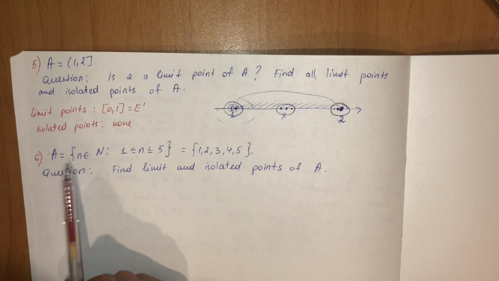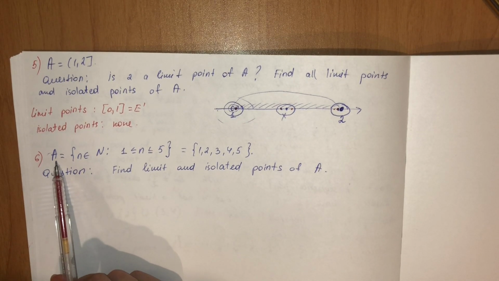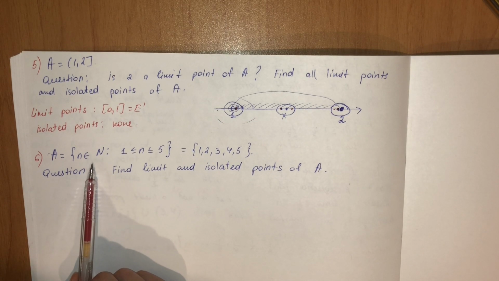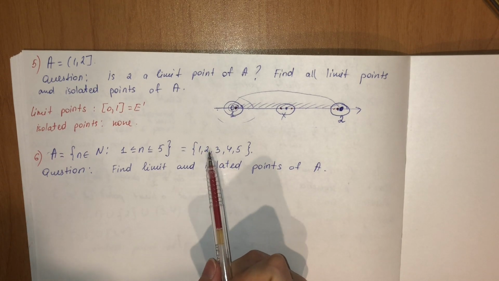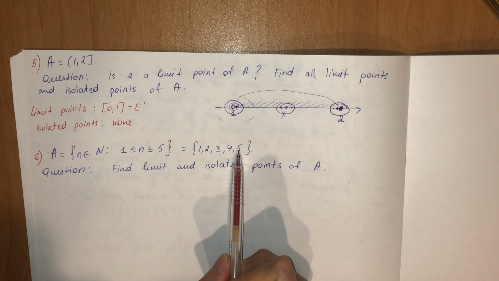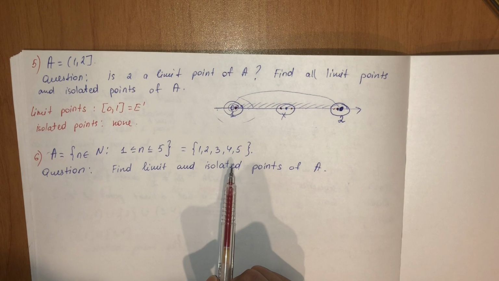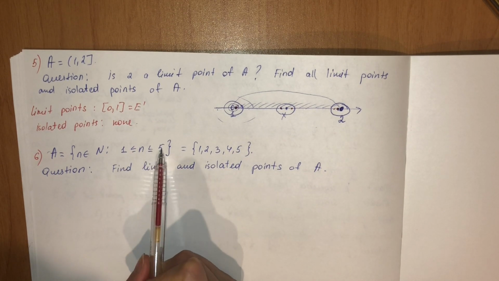Another question. Let it be the set A, which consists of the elements 1, 2, 3, 4, and 5, where n is between 1 and 5.